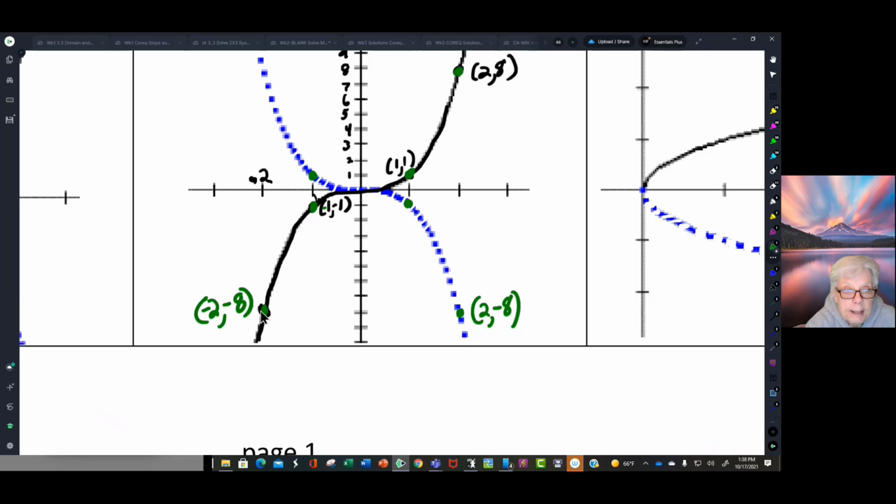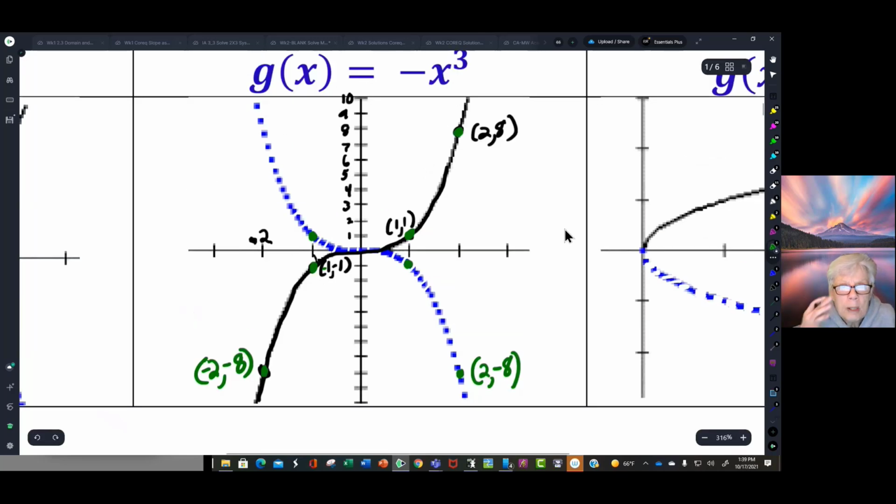And down here, negative 2, negative 8, when it's hit with a negative 1, will become a positive 8. X is still negative 2, but y becomes positive 8. So this is negative 2, positive 8. And this is negative 1, 1.